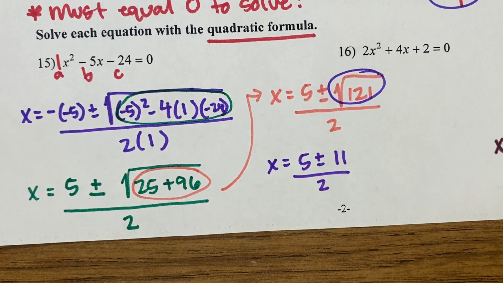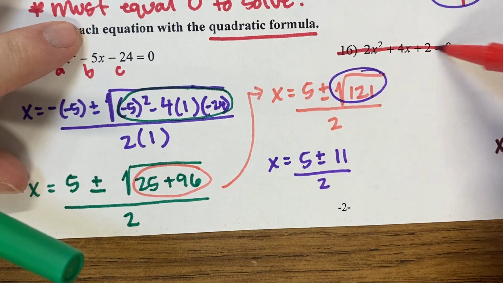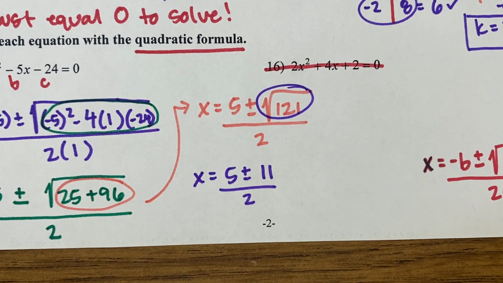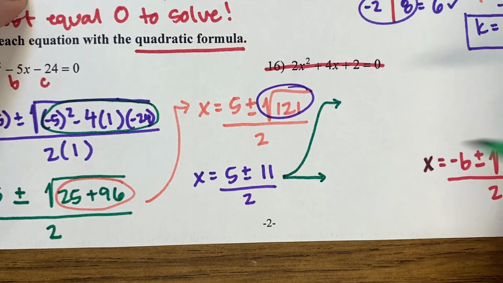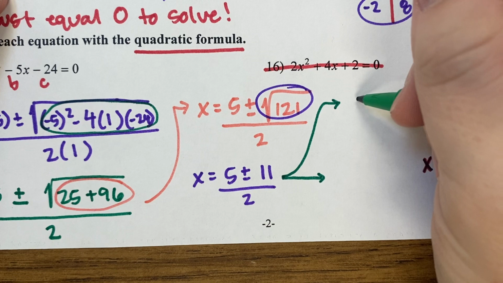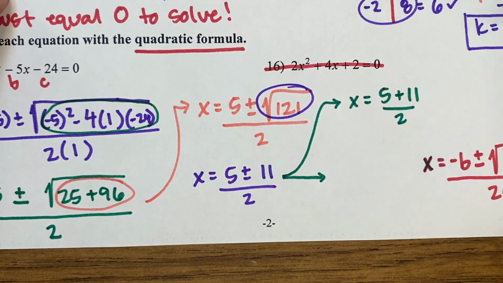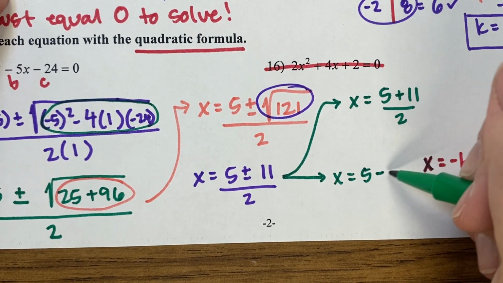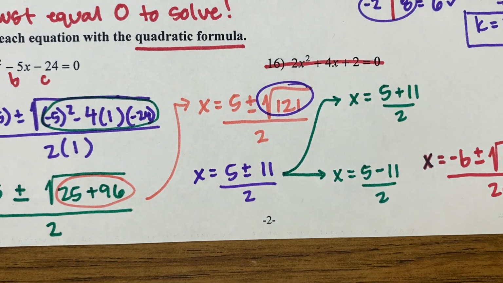This is where our two answers come in, and we're actually going to skip number 16 because we're taking its space, no worries. I'm going to draw 2 arrows here. Our first answer, x is equal to 5 plus 11 divided by 2. And our second answer, x is equal to 5 minus 11 over 2. We just split up that plus or minus sign.